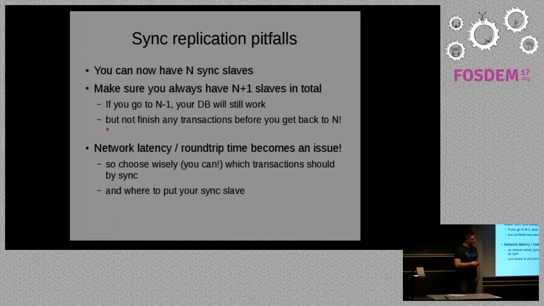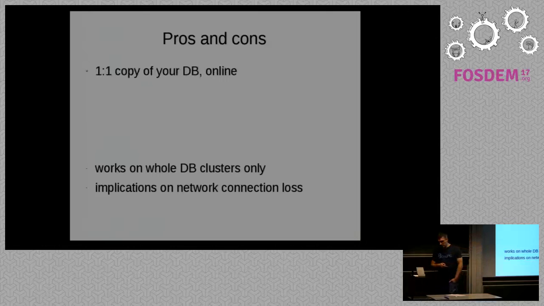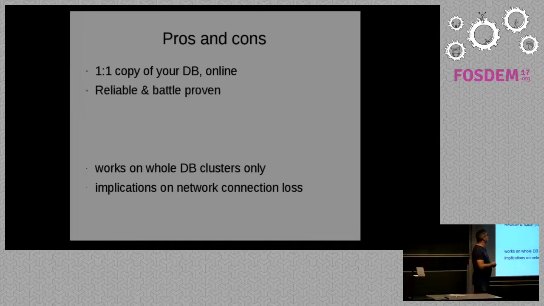Pros and cons, okay. You still have a one-to-one copy of your database, and it's online. It's there all the time. You can just switch over and use that and carry on, right? It's reliable. It's battle-proven. It's been in Postgres since 9.0, whatever, for years.